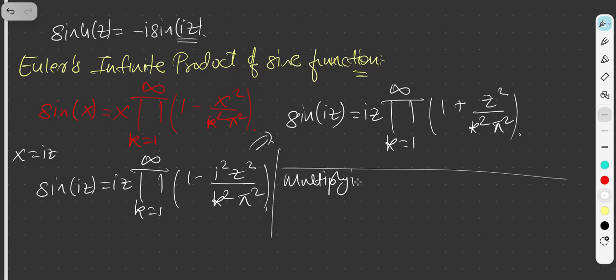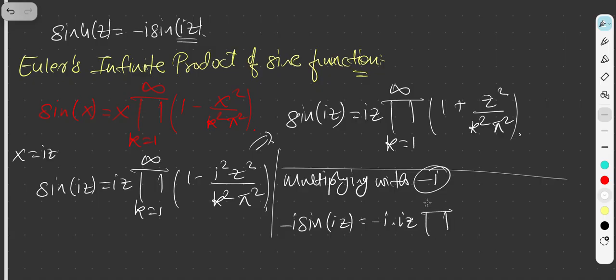Multiplying with minus i, that gives us minus i times sine of iz equals minus i times iz times the product as k goes from 1 to infinity of 1 plus z squared over k squared pi squared.